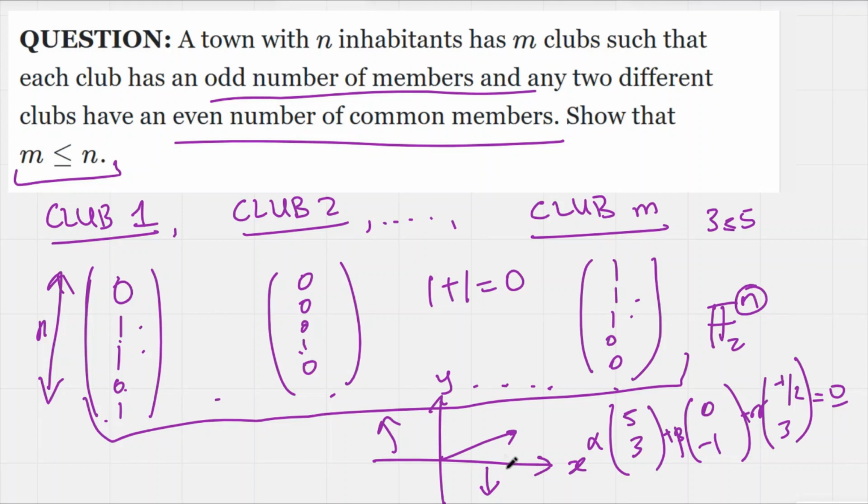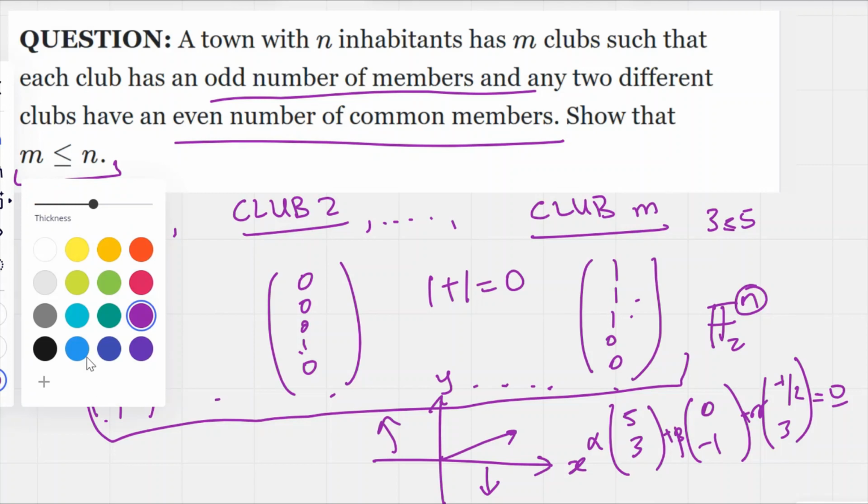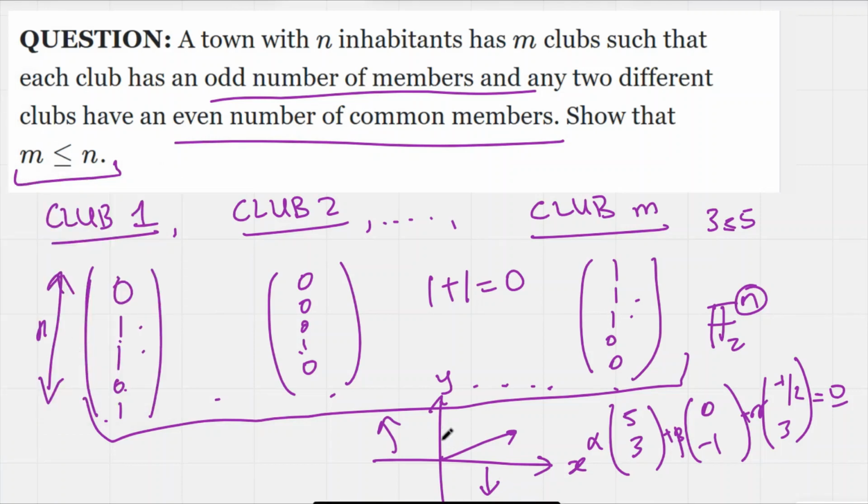Whereas if I chose a number which is less than or equal to 2, so maybe I choose 2, and maybe I take these vectors. Let me change my color just to distinguish it. Maybe I choose this vector here and this vector here. So the vectors (0, 1) and (1, 0).